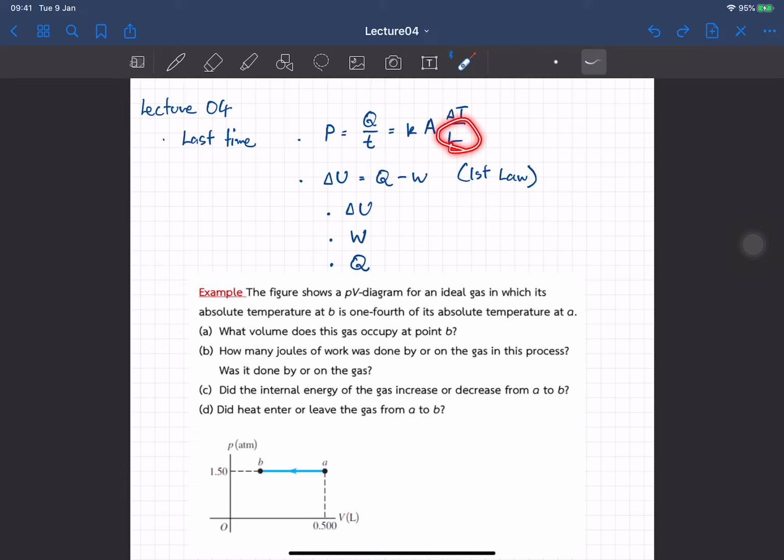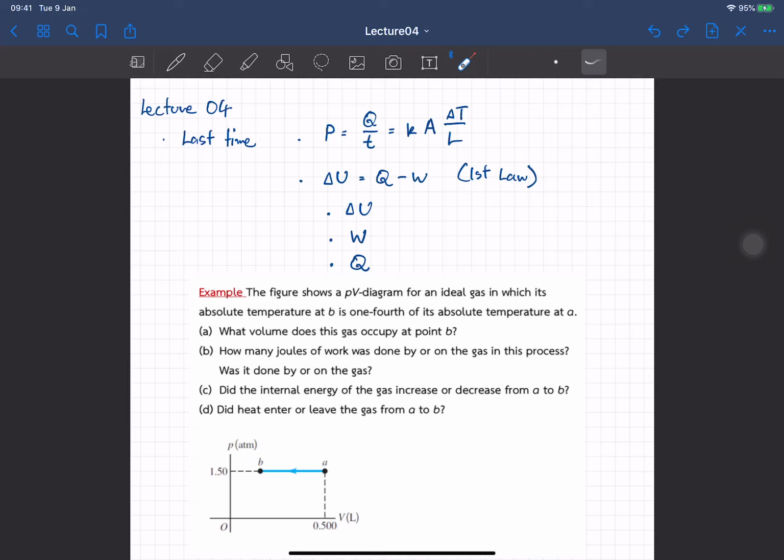And then it depends on L, which is the thickness of the wall. The thicker it is, the more distance heat has to travel, so it reduces the heat flow rate. Okay, so that's one thing we talked about.